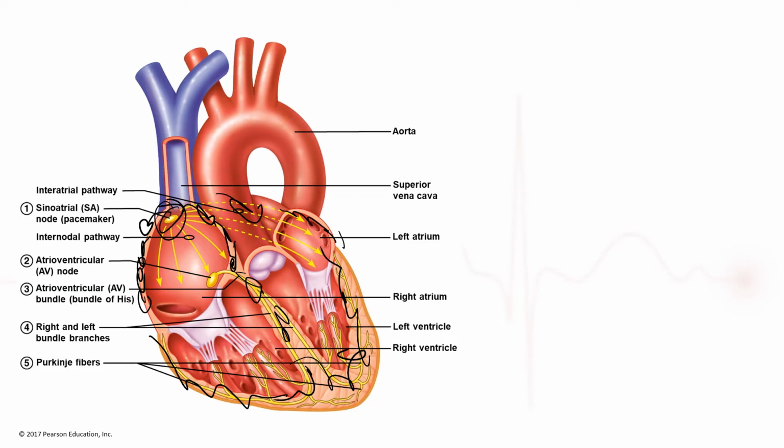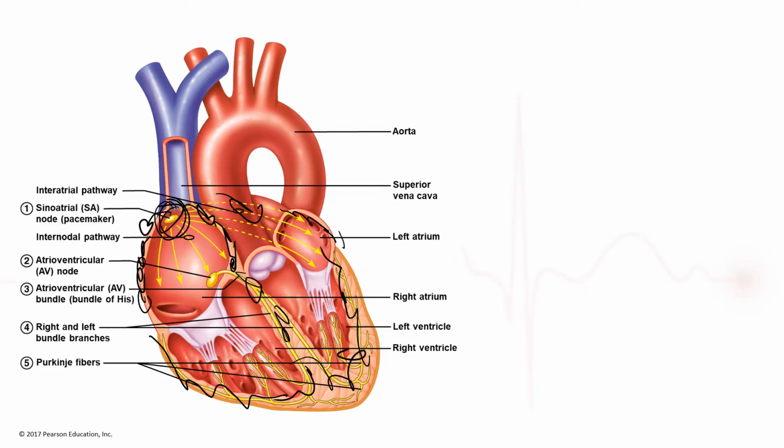This action potential that starts with the SA node fibers propagates throughout all of the contractile cardiac fibers of the heart and results in all of them contracting, because that's what action potentials do to cardiac muscle fibers and skeletal muscle fibers for that matter.